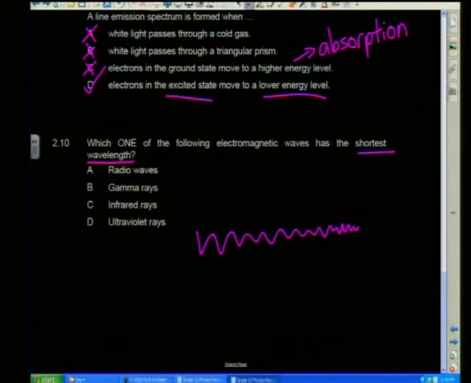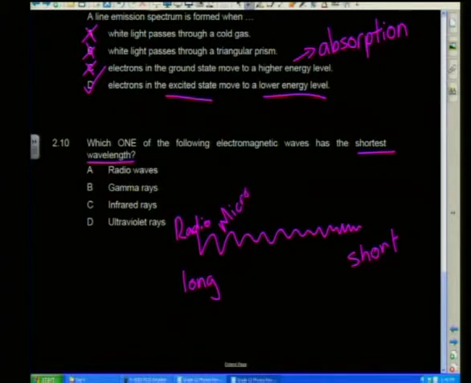So what I'm going to be doing is going from long to short. And I recommend that you actually do this in your exam, and find a way to remember the order of these. So from long, I'll start out from radio, and then I find my friends microwaves, ready for some popcorn.